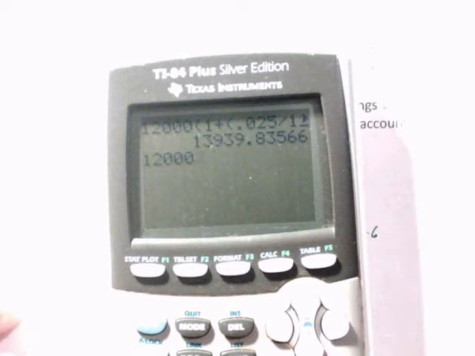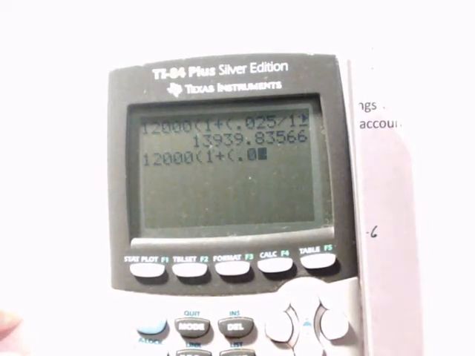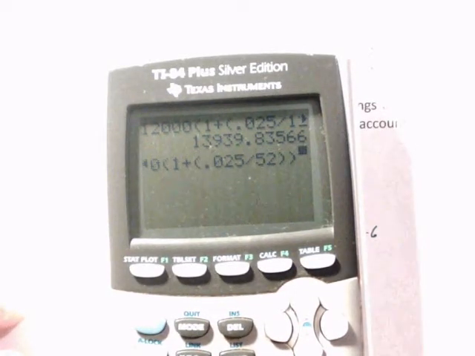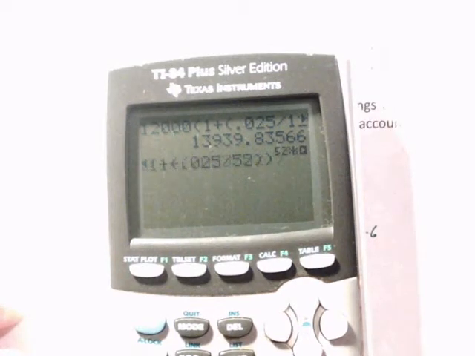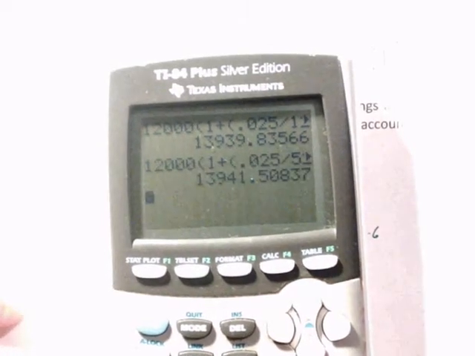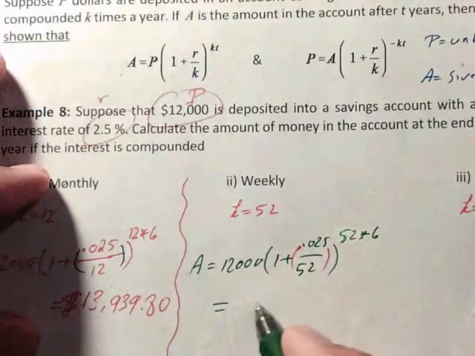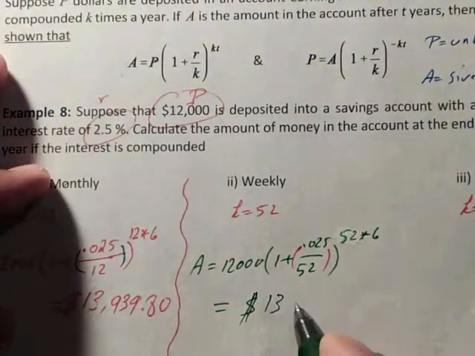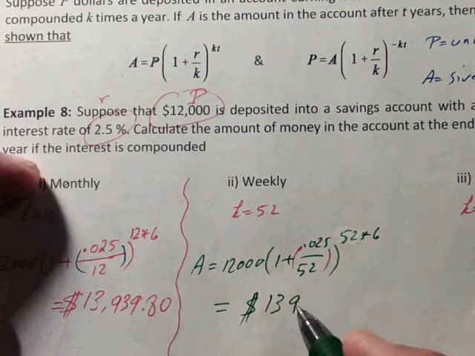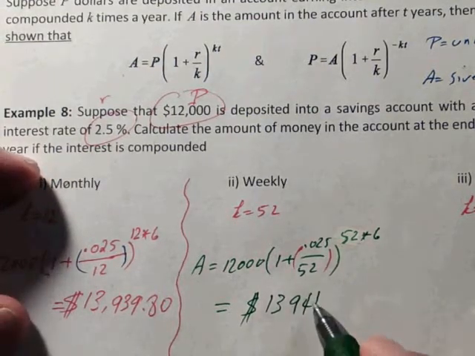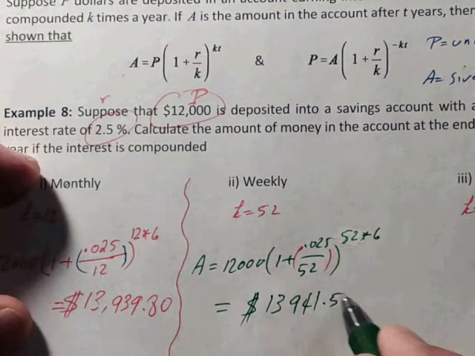So let me see. 12,000, 1 plus parenthesis 0.025 divided by 52. Close the inside and outside parenthesis to power 52 times 6. So I get 13,941. So this is equal to $13,941.51.